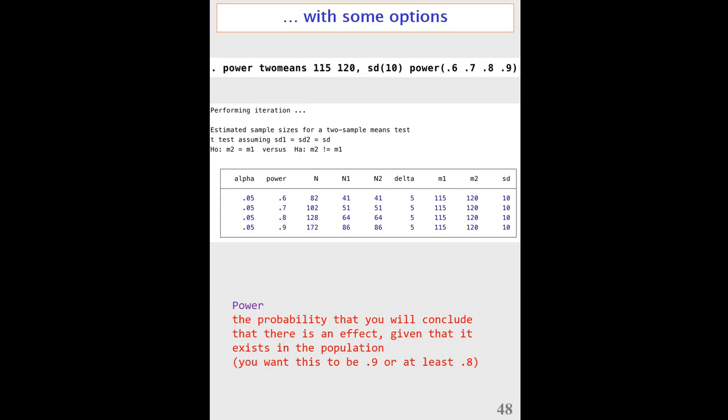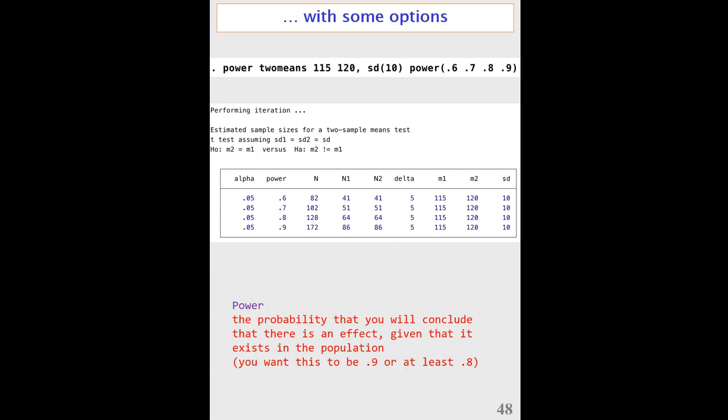And here you see the total n, 82, all the way up to 172. And here, these are the sub-points for the groups, for increasing power. So the more certain I want to be, the larger my sample size is supposed to be. If, for some reason, sampling is very cheap, and I might want to go above 0.9, even to 0.95 or 0.99, who knows, then I can also calculate how high that sample size should be.